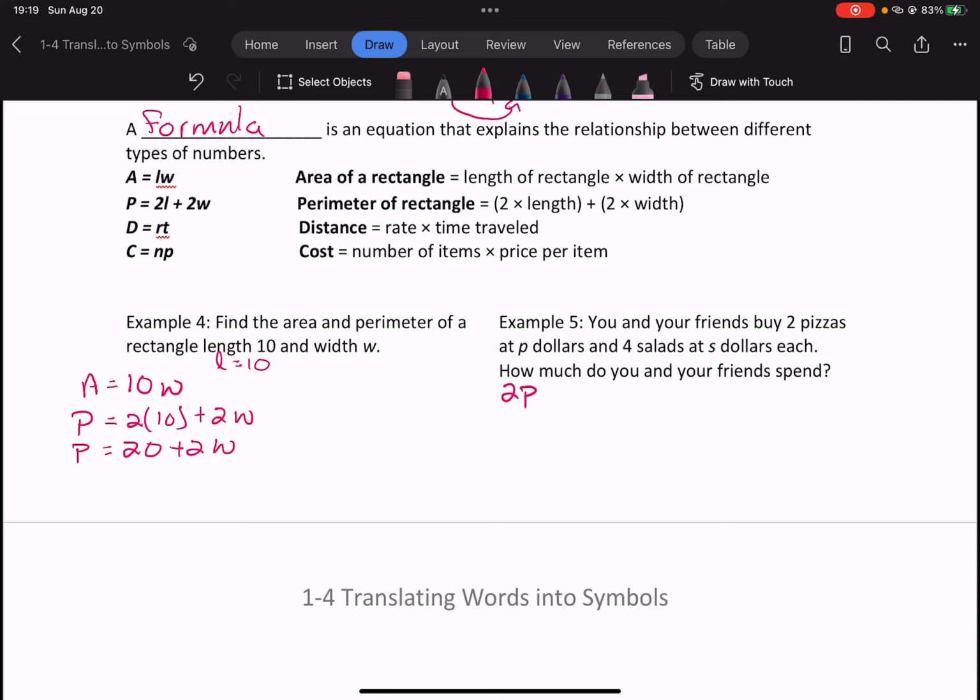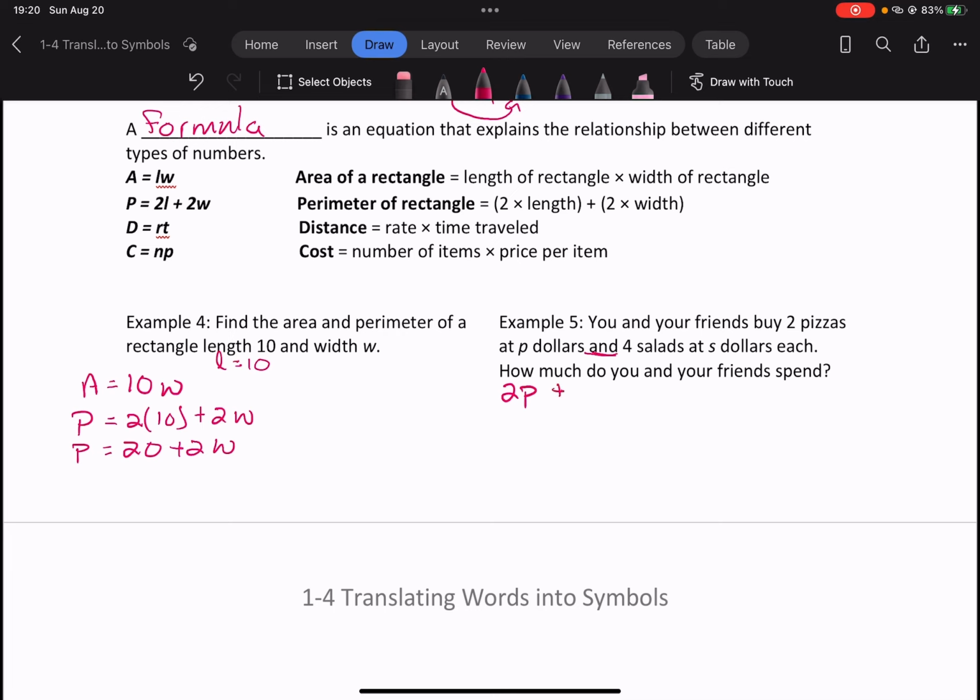And sometimes you want to look at this word "and" here. If you're using multiple formulas and you got an "and" there, generally, not always, but generally you might want to look at an addition. Because if you're buying all of those things together and you want to get a total price, or a total cost, we got to do an addition here.